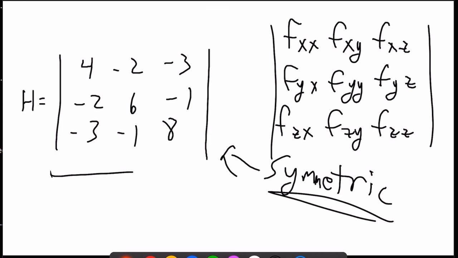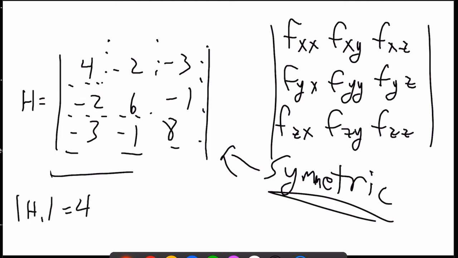Okay? Within this Hessian, we have 3, count them, 3 principal minors, yes? We have that one, we have that one, and then we have the whole thing, which is still a principal minor even though it's the whole thing. So H1 is going to be 4.